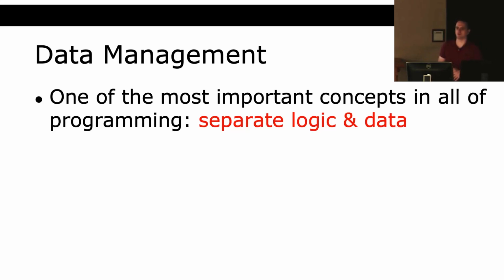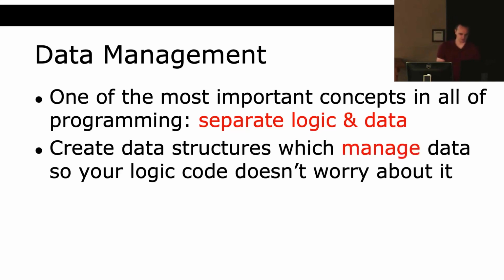I want to be able to say things like, hey, give me a new thing, store a new thing. I don't want to have to worry about indices or push_back or any of this kind of stuff. I just want to be able to work with data while I'm trying to do more conceptual logic. So what we're going to do is create data structures which manage the data for us so the logic code doesn't need to worry about it at all if possible.